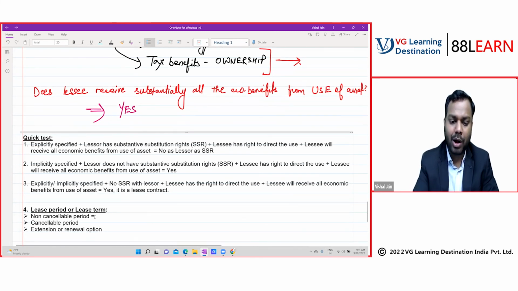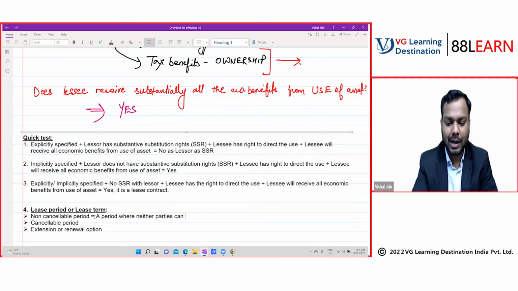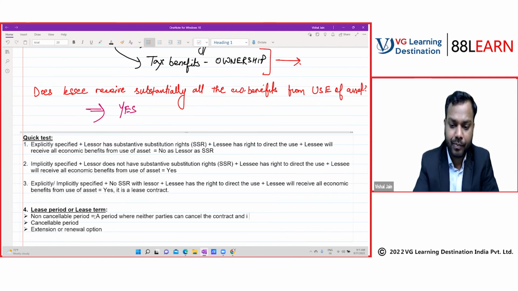First, non-cancelable period means a period where neither party can cancel the contract, and if they do so, there will be a penalty.